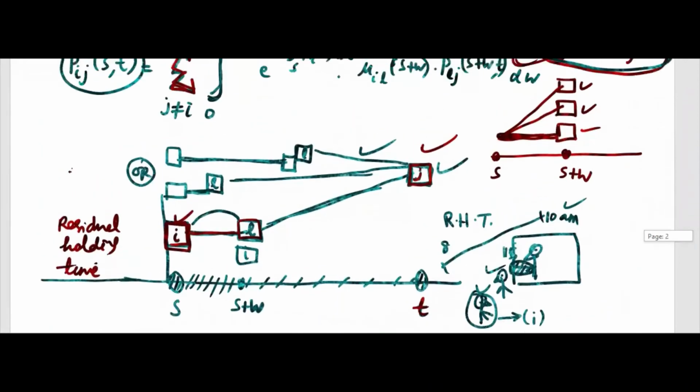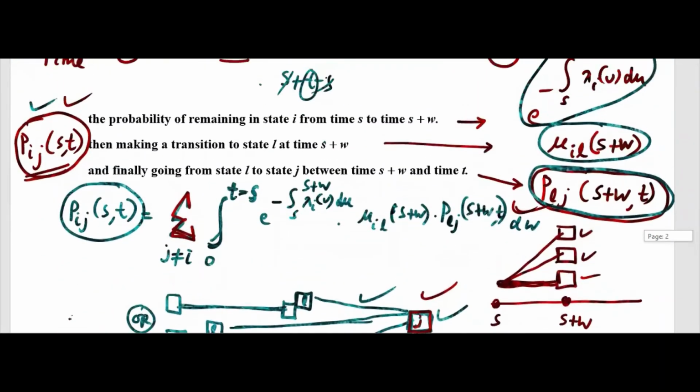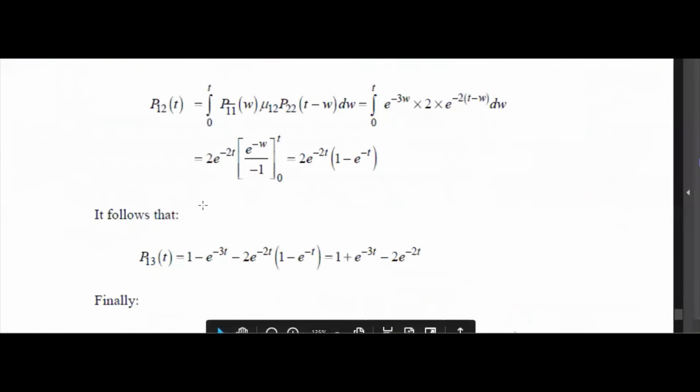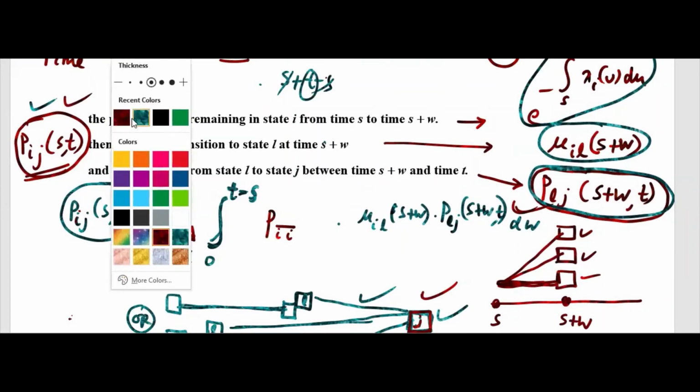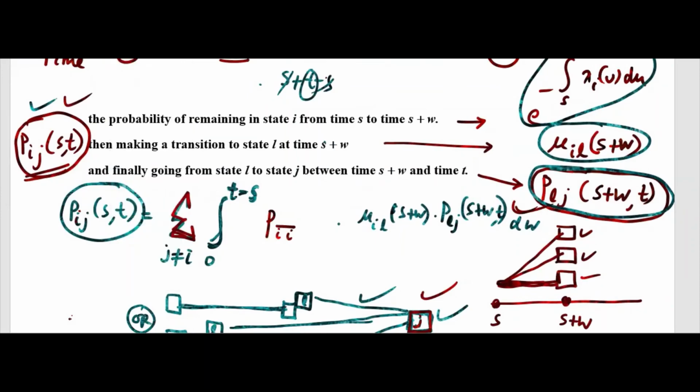Let me write this expression: P ii bar. This expression we can change to this one particularly, for the state i. See, this is what is appearing here, P11 bar(w). So you write here P11 bar, staying continuously here.